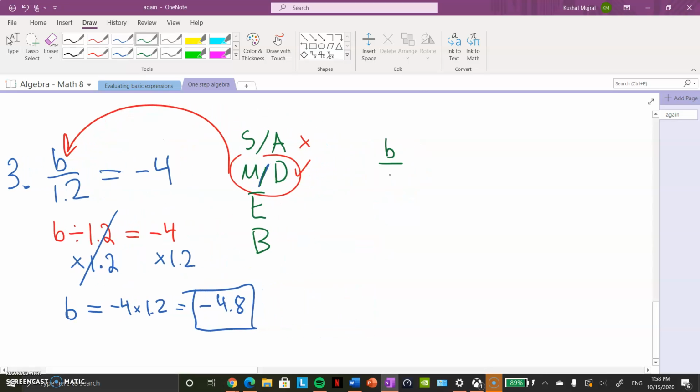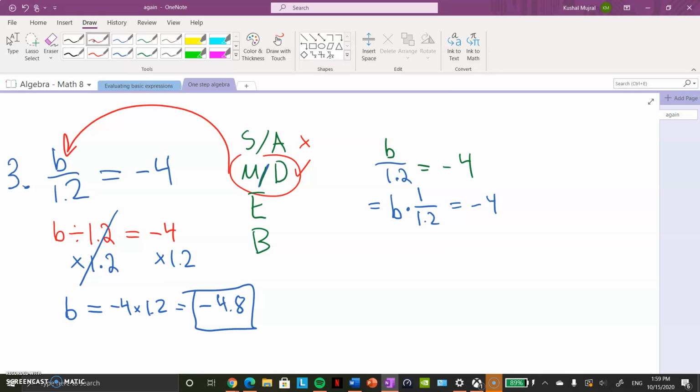So b over 1.2 equals negative 4. We will multiply by the reciprocal. Actually, before we multiply by the reciprocal, I want to establish something here. So b over 1.2 is the same as b times 1 over 1.2, which equals negative 4. Okay?